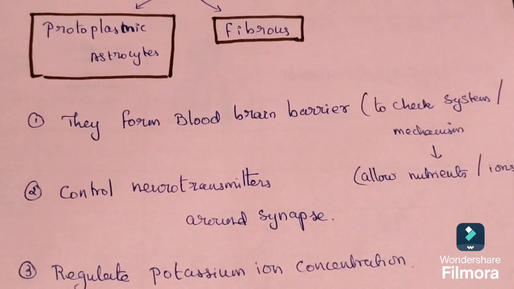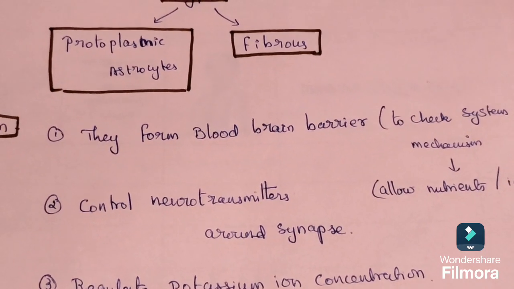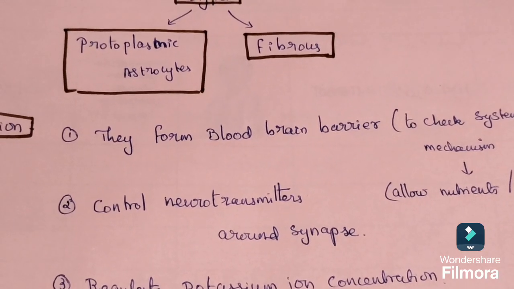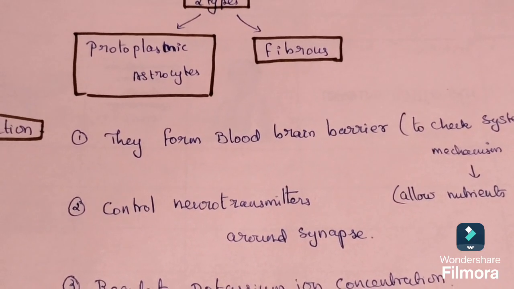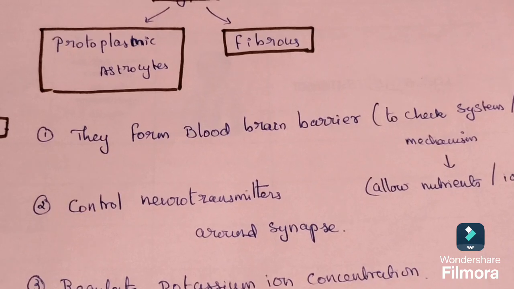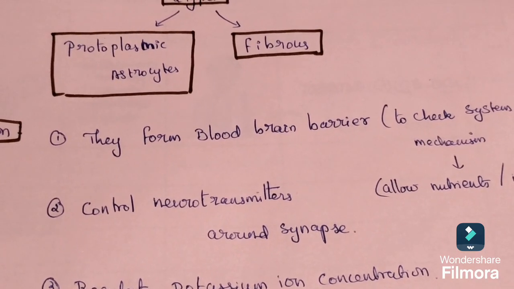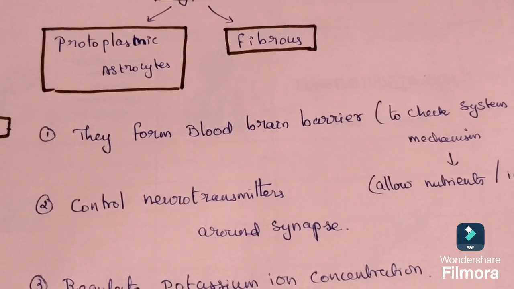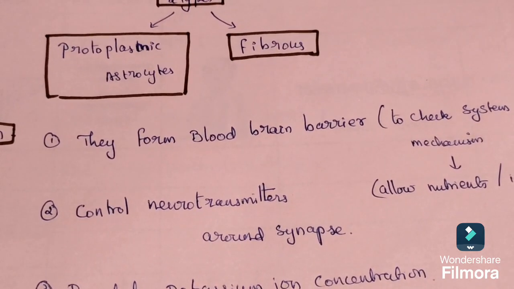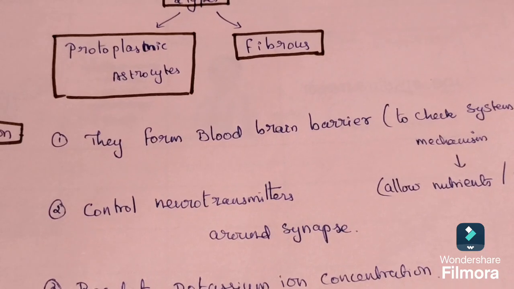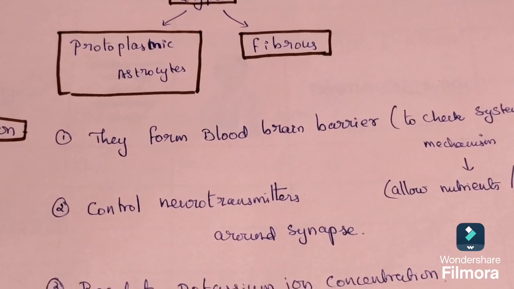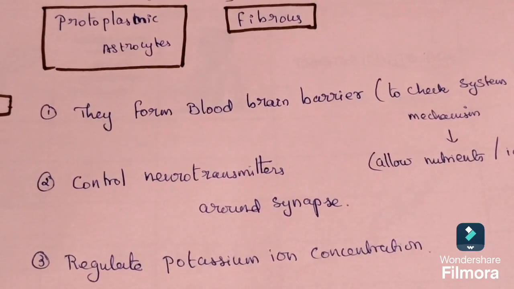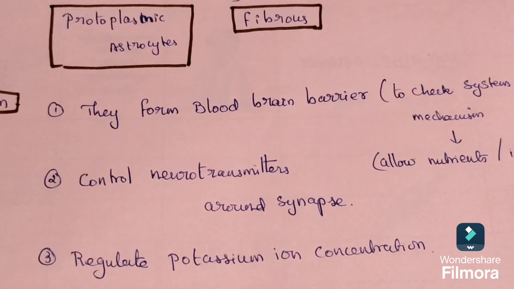What is the blood-brain barrier? The blood supply which is present around the nervous system. Astrocytes form a check system, a checking mechanism, so that anything which goes towards the nervous system from the blood, the astrocytes first check those components, nutrients or ions.